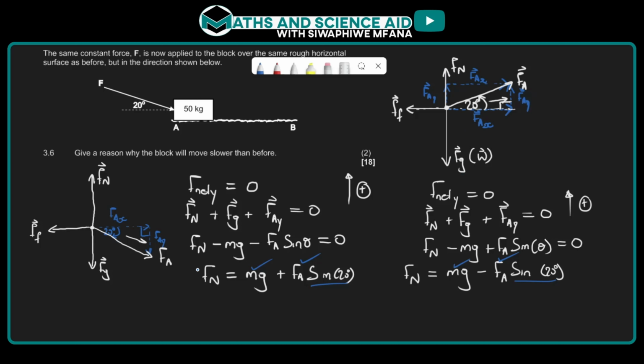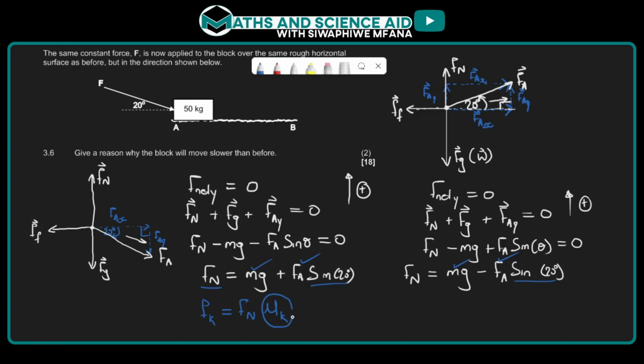And so now to answer 3.6, the reason why the block is now going to move slower than before is simply because a larger normal force means a larger kinetic friction, because the kinetic friction is given by the normal force multiplied by the coefficient of kinetic friction.